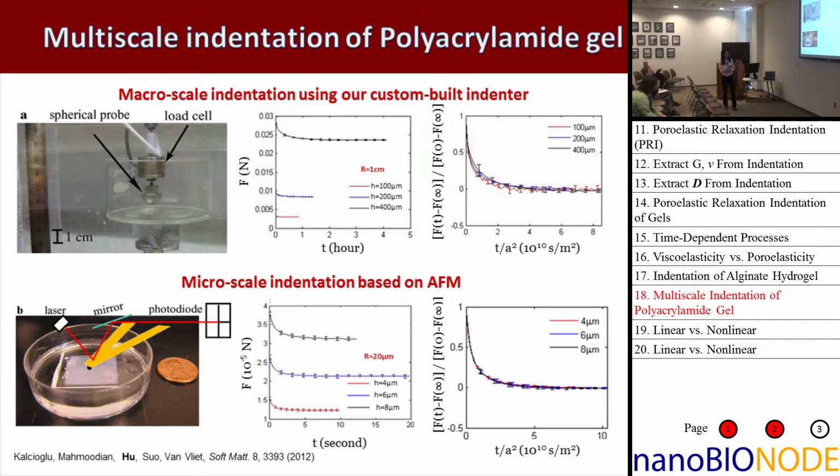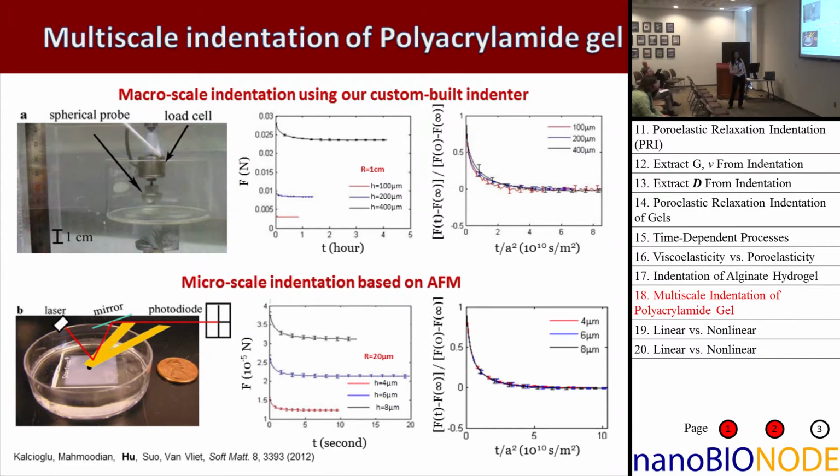So to prove this concept, I first did large scale indentation on polyacrylamide gel. This is our measured curve. And by collaborating with Professor Van Vliet's group at MIT, we conducted this small scale indentation using AFM. Here the probe I use is 1 centimeter radius, and indentation depth from 100 to 400 micron is very big.